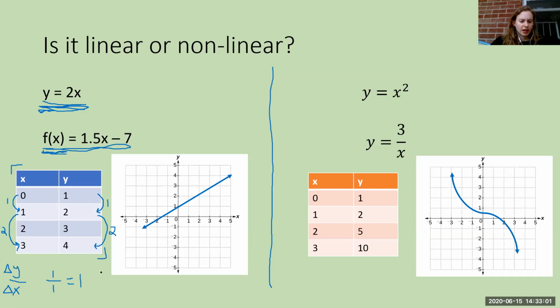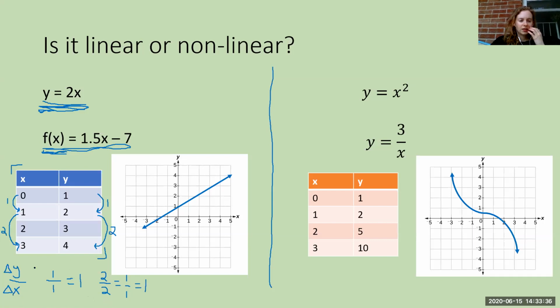So in this case, my change in y was 2. My change in x was 2. Now what happens when I simplify 2 to 2, or 2 over 2? Well, if we divide the top and the bottom by the same number, so we can divide the top and the bottom by 2 here, we get 1 to 1. So we already see that this ratio has reduced to the same thing we had before, that 1 to 1. And we can simplify even further by just making this into a 1.